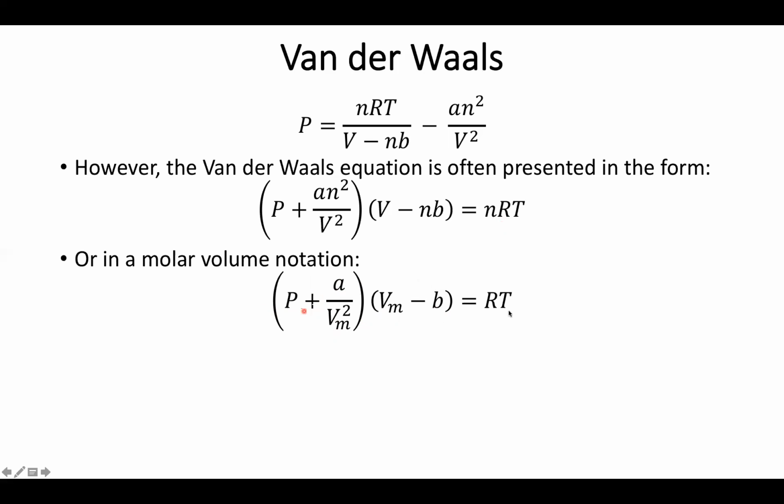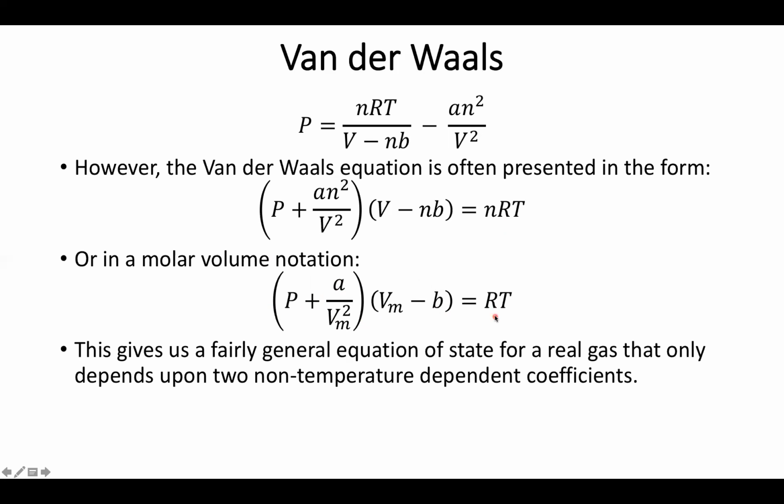So again, this is a nice, simple equational form that's going to be fairly general and relatively robust. So this does a very good job of describing real gas behavior, even under fairly extreme conditions.